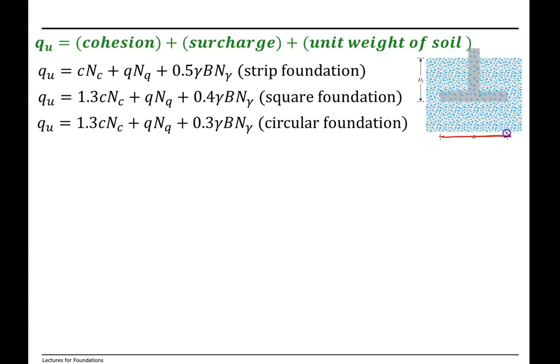We said that this is width of foundation and this is depth of foundation, and then we have these three formulas. You need to select the correct formula based on the shape of foundation. You can use these formulas when there is no groundwater table in the vicinity of your shallow foundation.